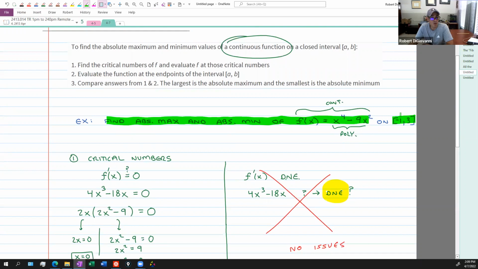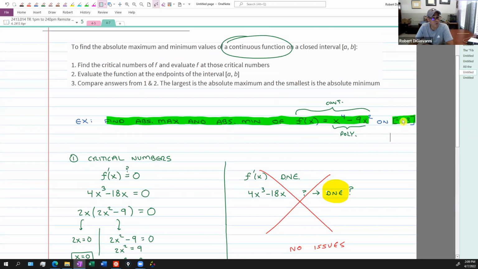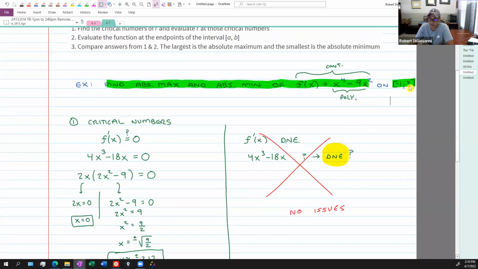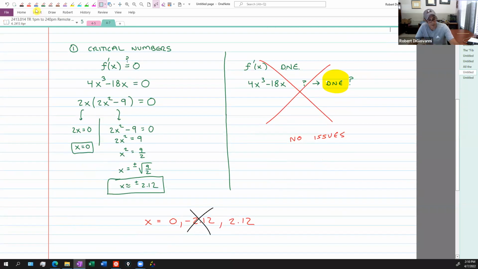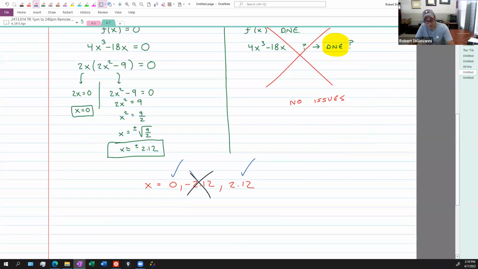So the critical numbers you find have to live in here. If they live somewhere else, you're not going to concern yourself with them. So 0 lives there, 2.12 lives there, but it stops at -1 on the left, so this one does not live there, and I'm not going to include it.